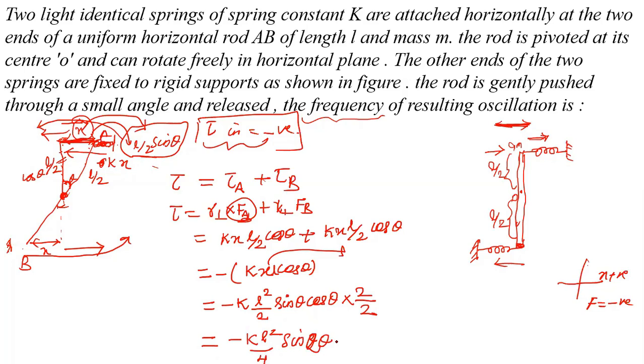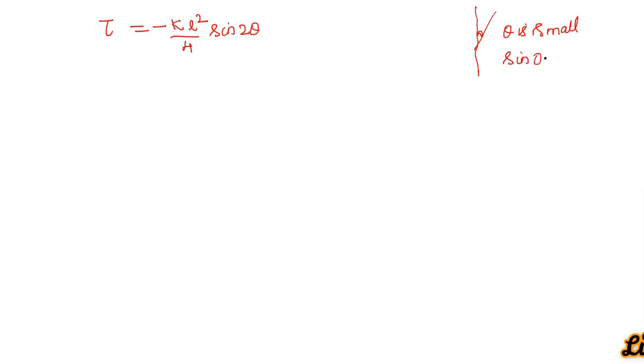Sin 2 theta, right? And what we are having is tau equal to minus k L square by 4 sin 2 theta. And we know that if the angle theta is small, then sin theta and tan theta are almost equal to theta.